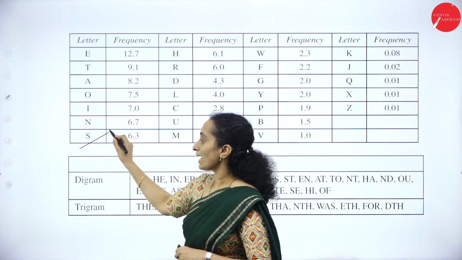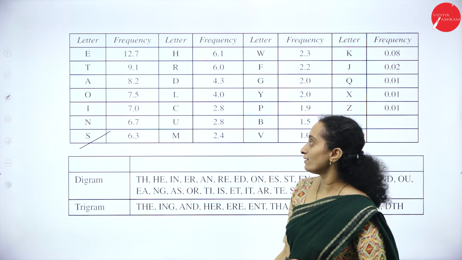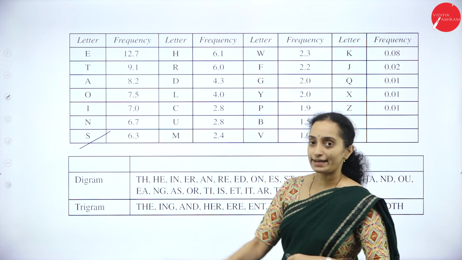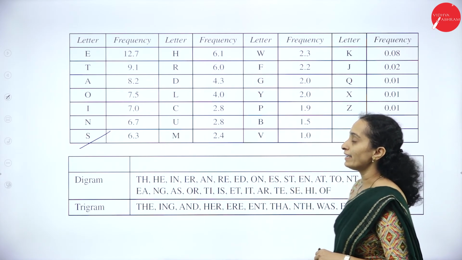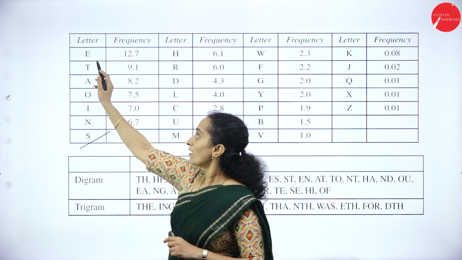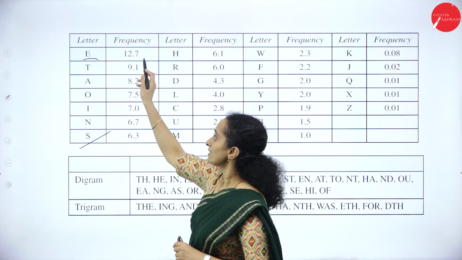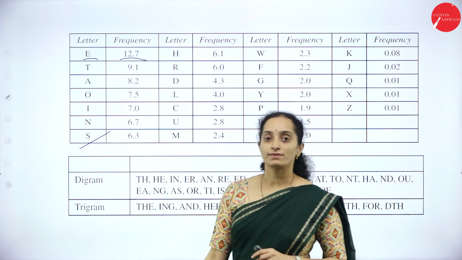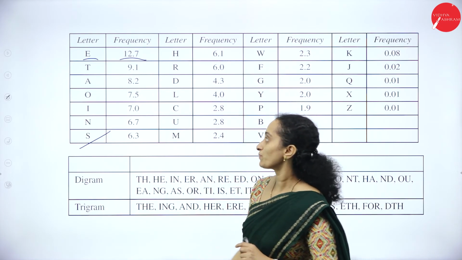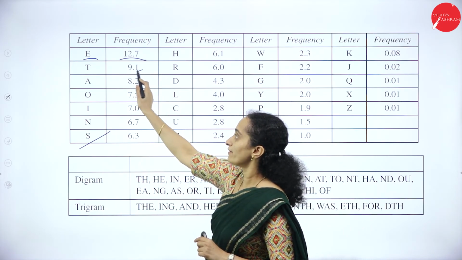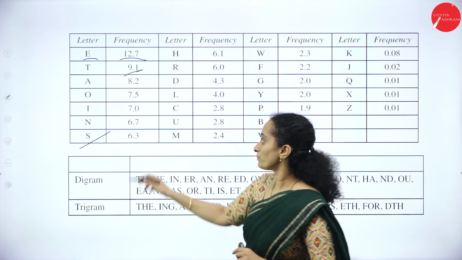Here we have a tabulation of the frequency of the characters in English. Most of the time, the most repeated letter in a message in the English language is E, with a frequency of 12.7. T has 9.1.